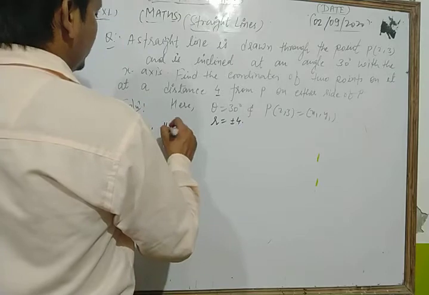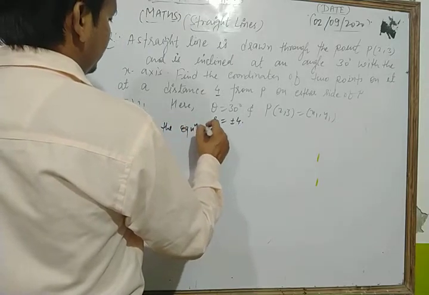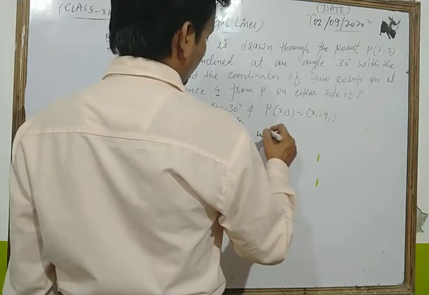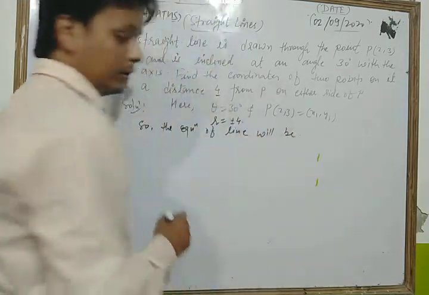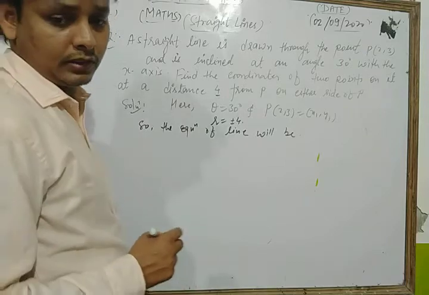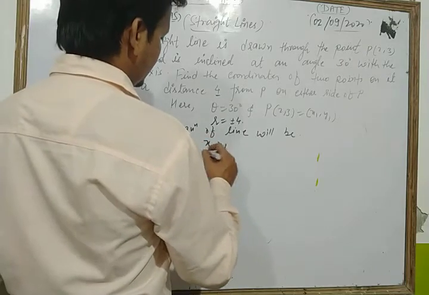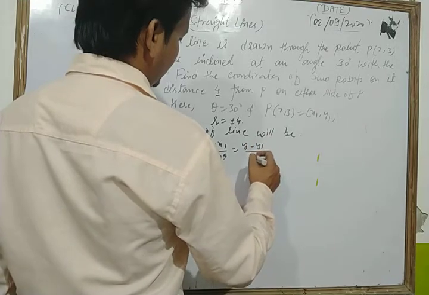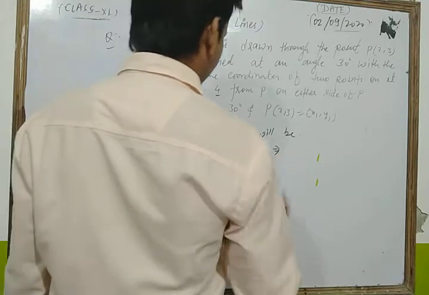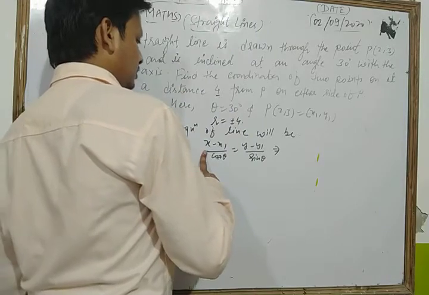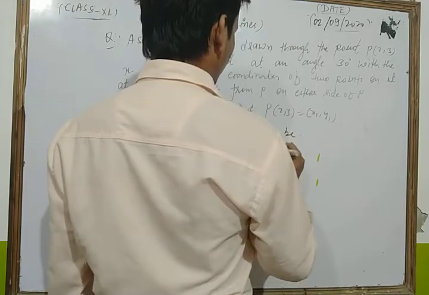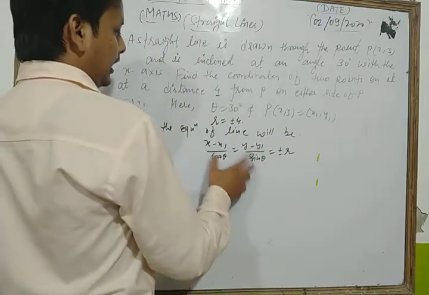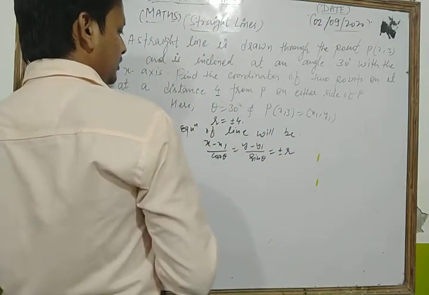So the equation of line will be (x minus x1) upon cos theta equals (y minus y1) upon sin theta, and this is equal to plus minus r, because r lies on either side of that point.